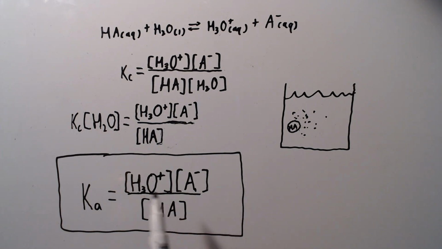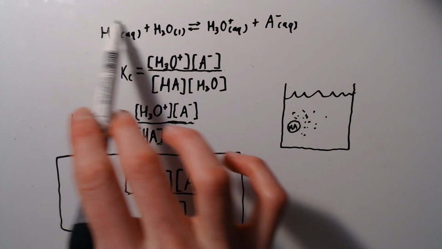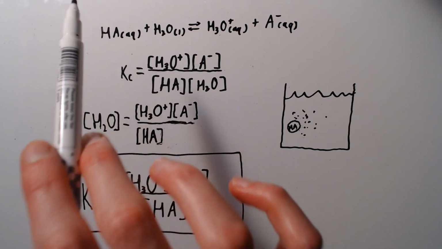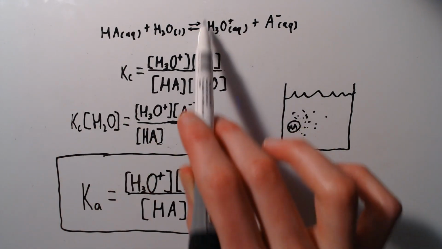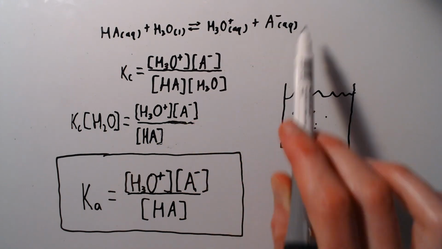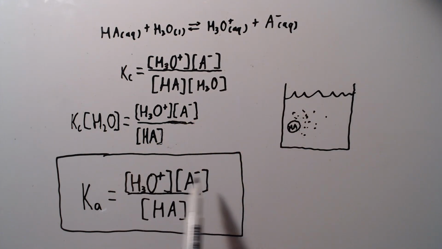And because of that, the Ka also increases in value. And basically, when the Ka increases in value, it signifies a stronger acid. Because it shows that this acid on the bottom is better at producing these H3O+ and A- ions, hence increasing this numerator on top and increasing the Ka value, which signifies a strong acid.